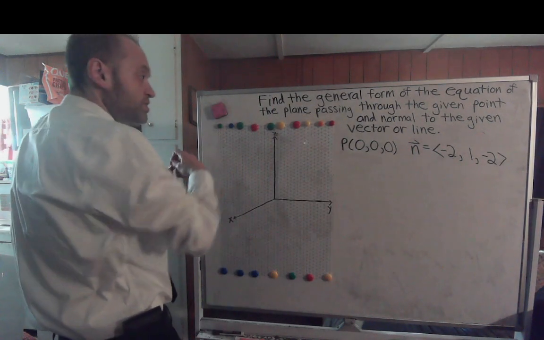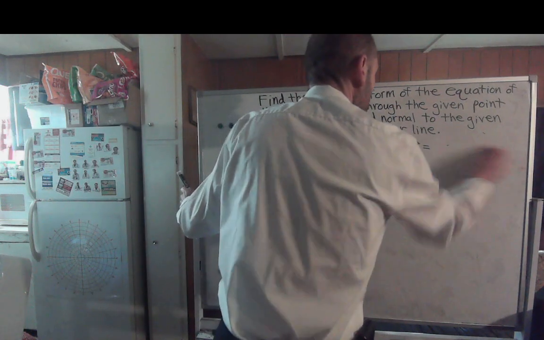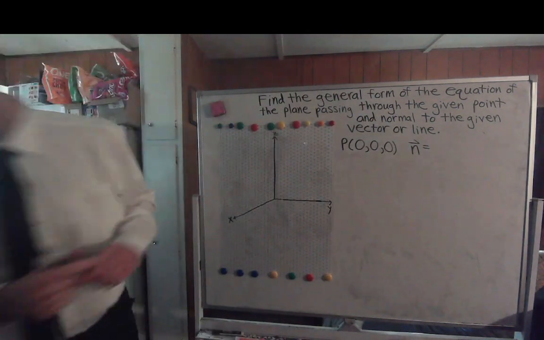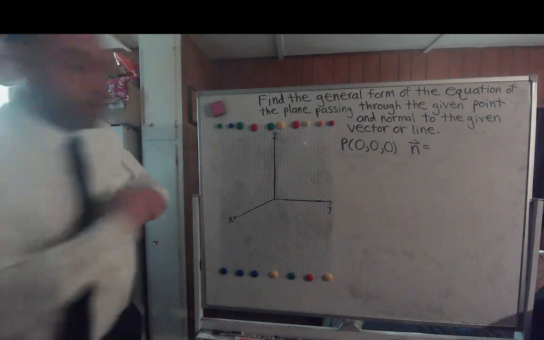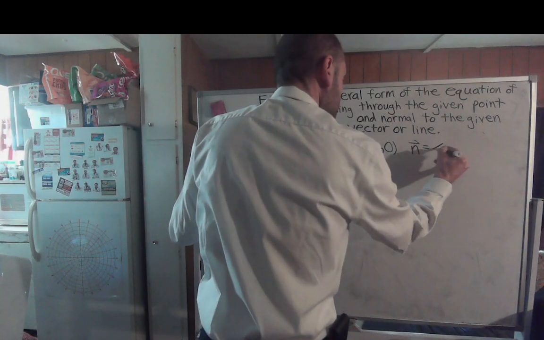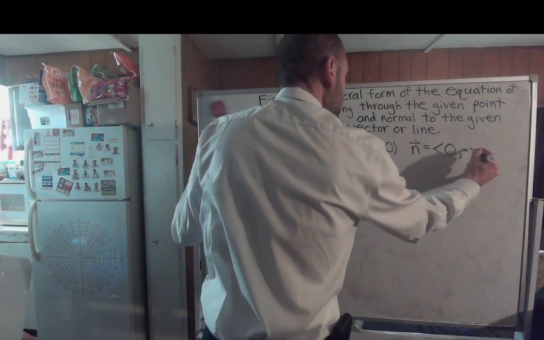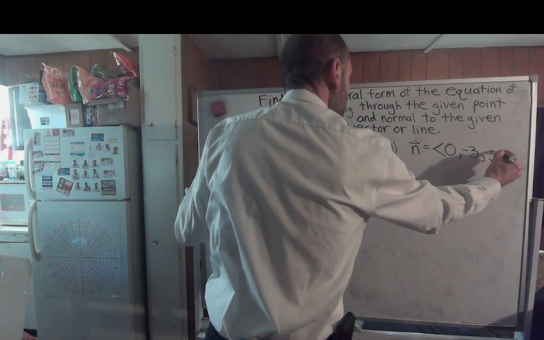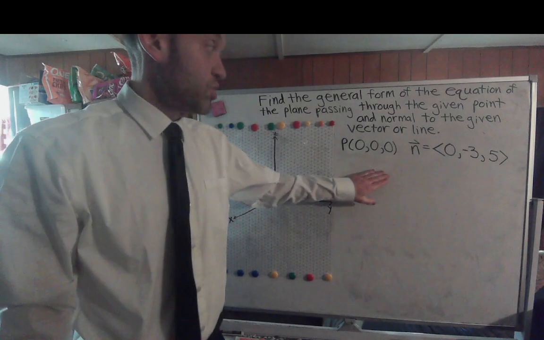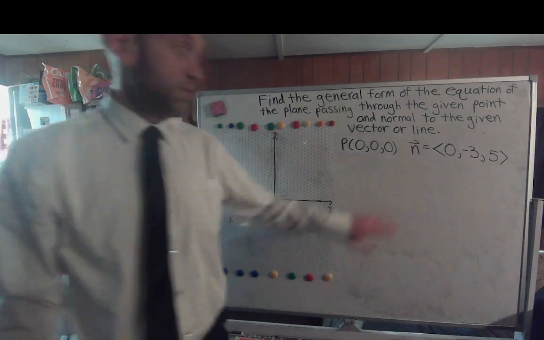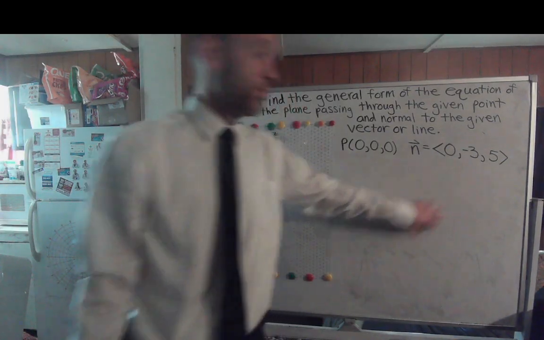So the plane goes through the origin. The normal vector is going to be 0, -3, 5. So this plane goes through point P, at the origin, normal to the given vector 0, -3, 5.